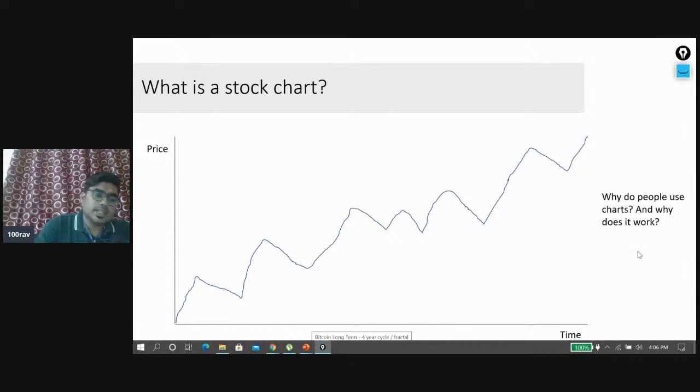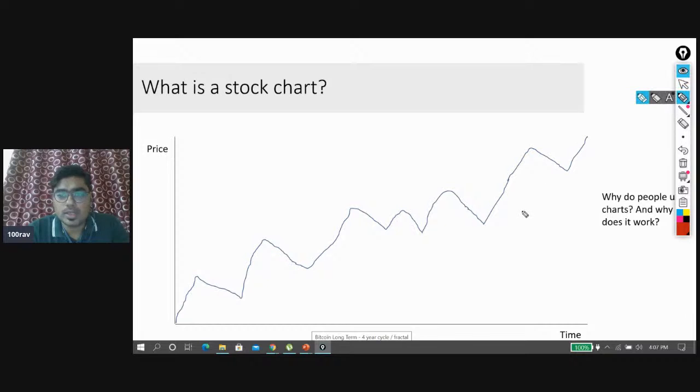So let's understand, why do people use charts and why does it work? A stock will move in waves, right? It will go in an up wave, then down wave, and as it is shown. So see, this looks like a random thing. But if we try to understand it further, we see that the stock is completely going in an uptrend.